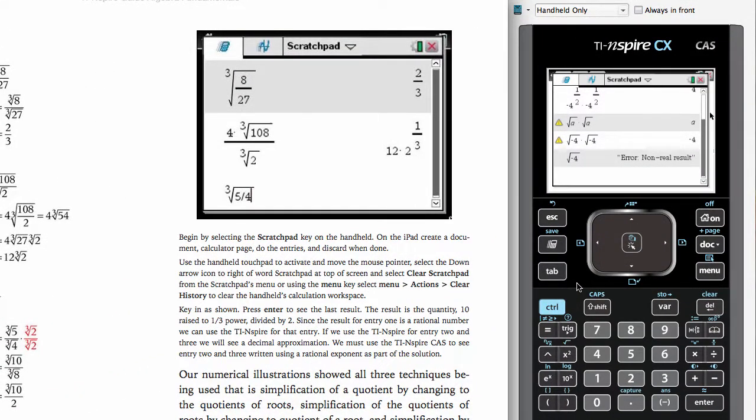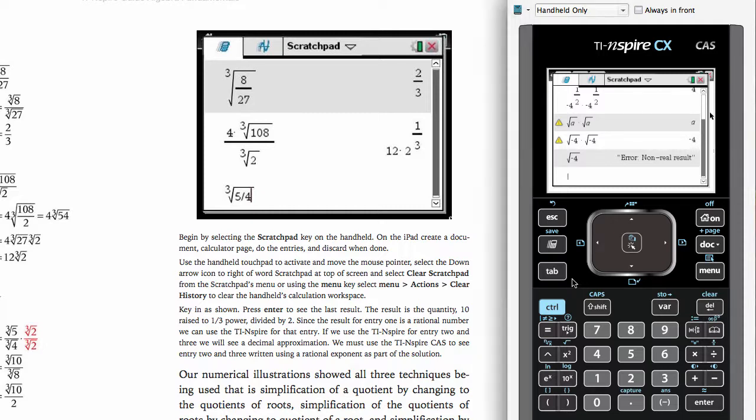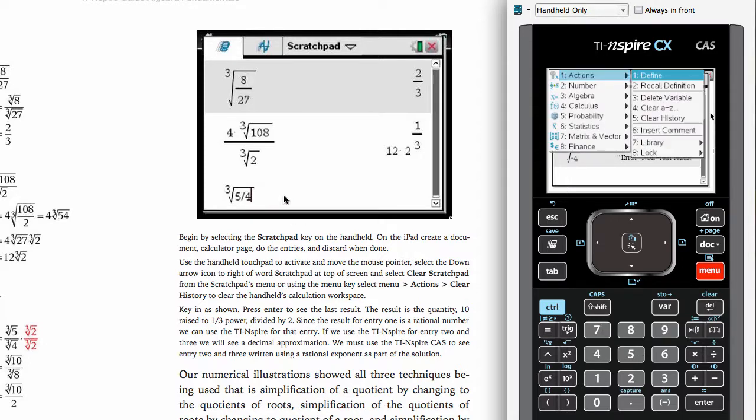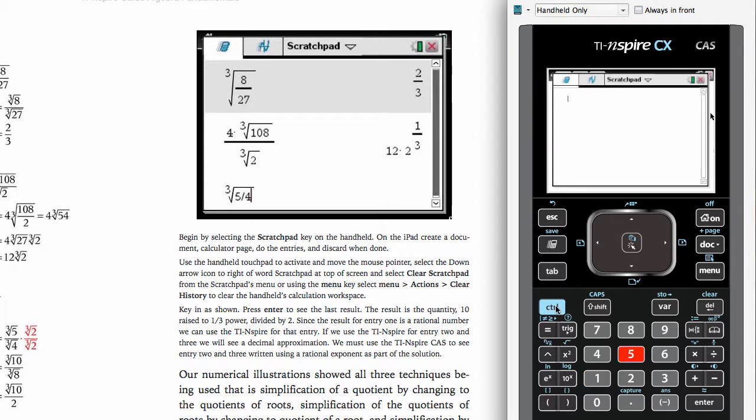So we'll go over to our calculator and we'll want to clear it out. So we'll go to menu, 1, 5. Then we'll want to do the last problem. So we'll go to control and our index, put our index to be 3, move over to here, put 5 divided by 4.